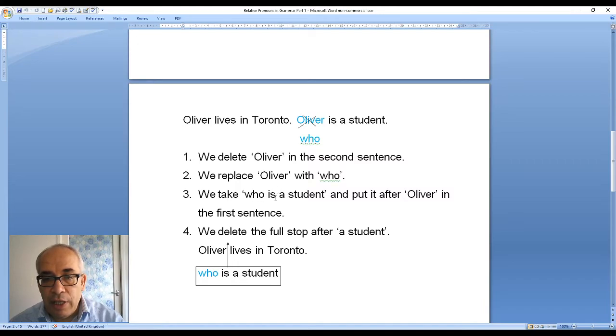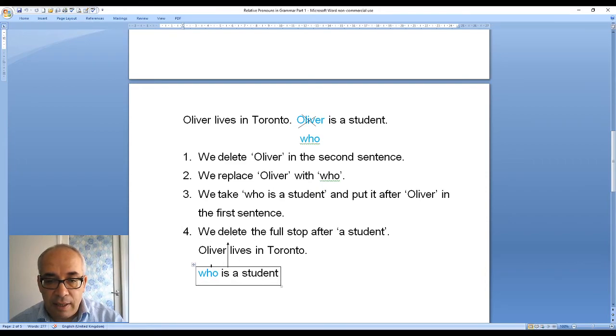Number 3, we take who is a student, this relative clause, and put it after Oliver in the first sentence. We delete the full stop after student.